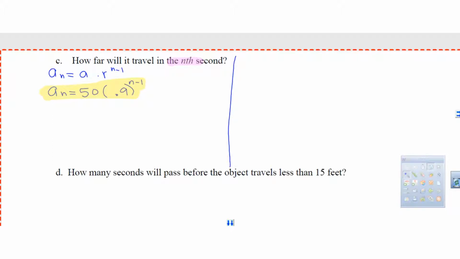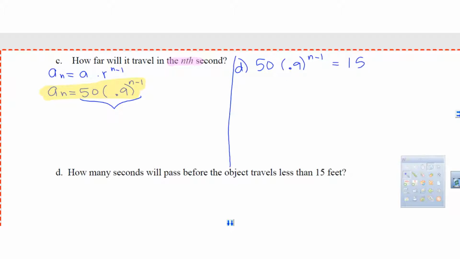How many seconds will pass before the object travels less than 15 feet? Okay. So I'm going to take how far it travels during a specific second, which is 50 times 0.9 to the n minus 1, and I'm going to set it equal to 15.